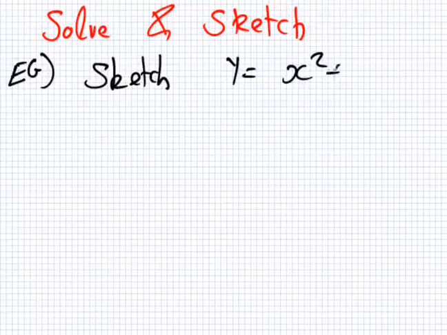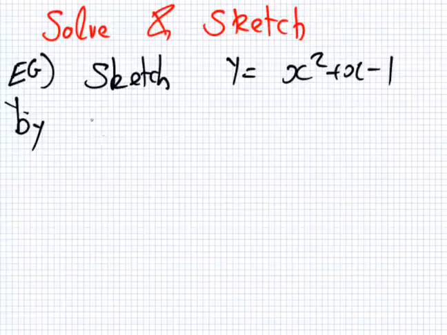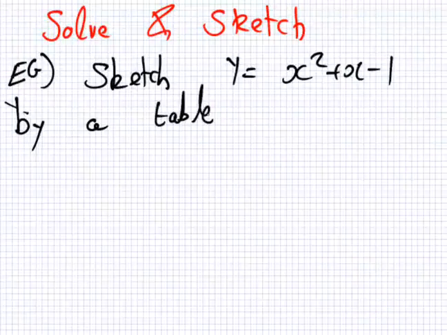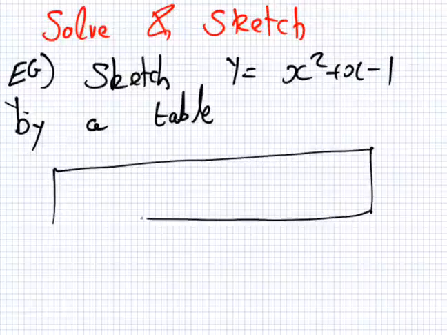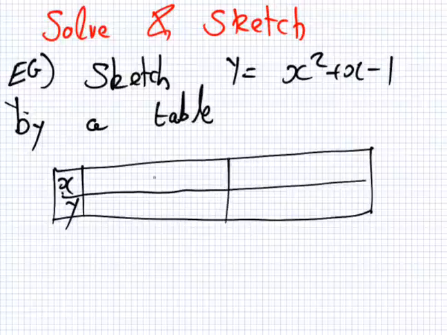So the first example, let's say I want to sketch y equals x squared plus x minus 1. Now, there are many ways you could sketch. The first way is not really the way you want to do it in the exam, but you can.